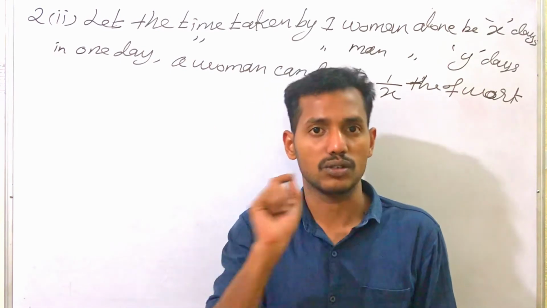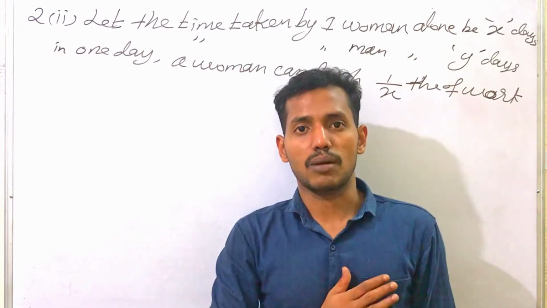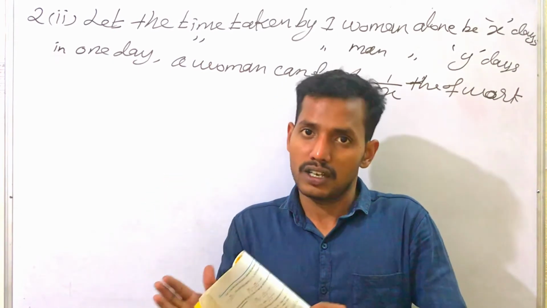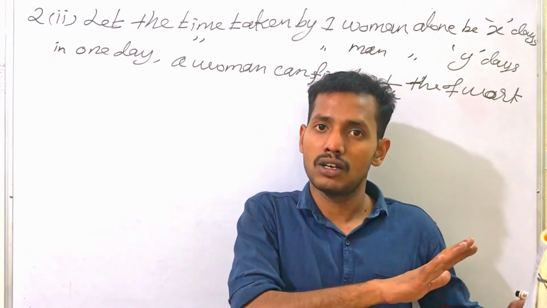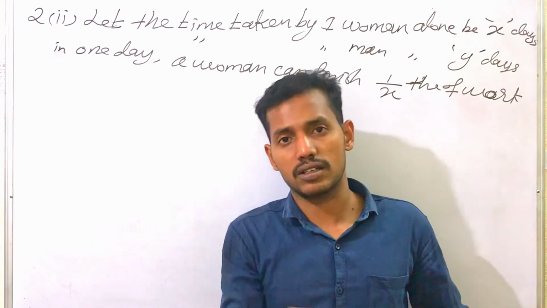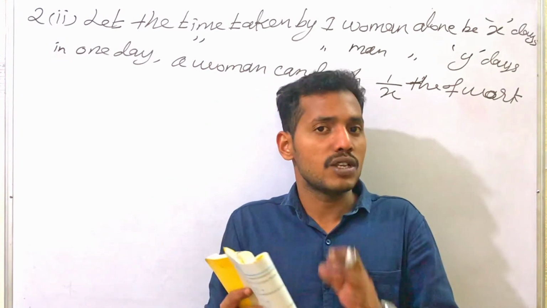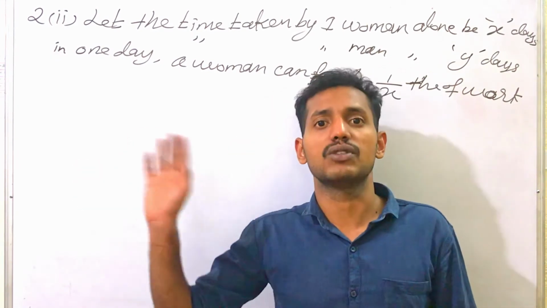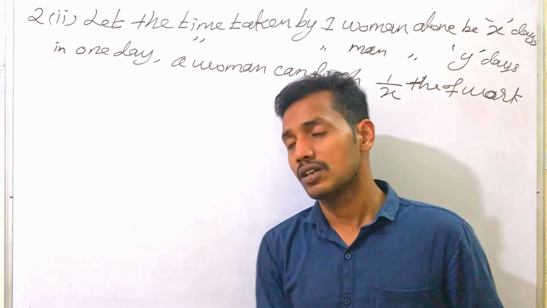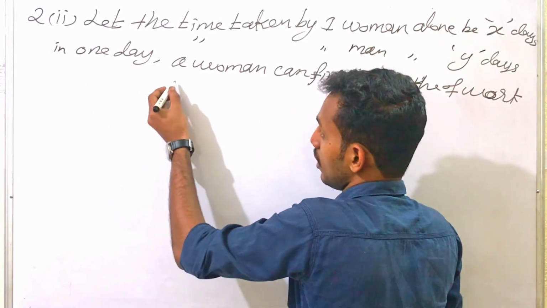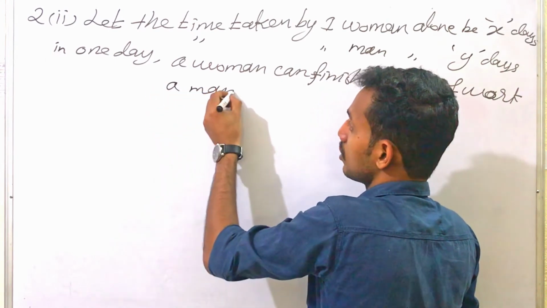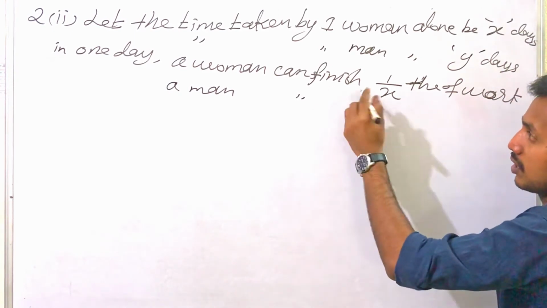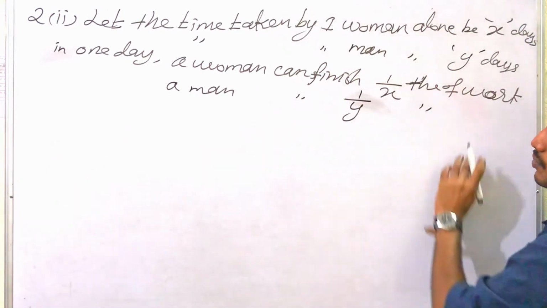Or if we need 3 days to complete a work, then in 1 day we can complete 1 by 3; in the second day, 2 by 3; in the third day, the last day, we finish the work. Clear? So if x days are required to complete a work, in 1 day we can complete 1 by x of the work. It's very important to remember this concept. Similarly, a man can finish 1 by y of the work.